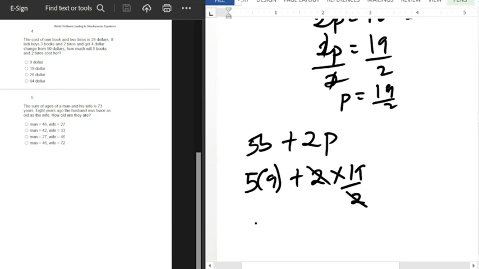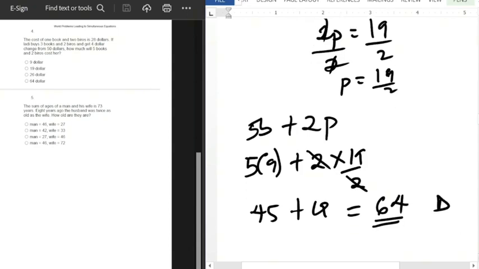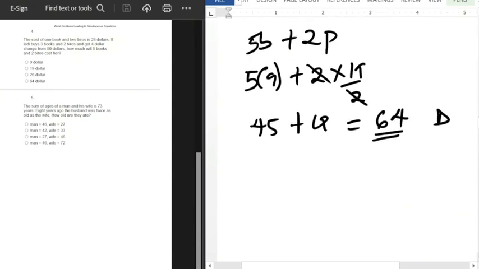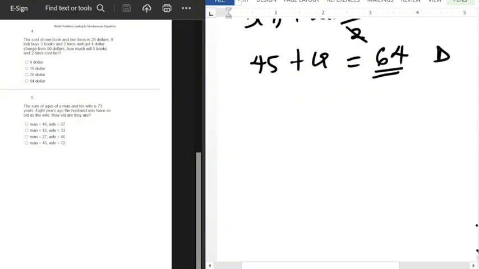The 2 cancels 2, so this is 45 plus 19, and that gives us 64. So the price is $64. That is option D. This is very clear. So everything still boils down to what?